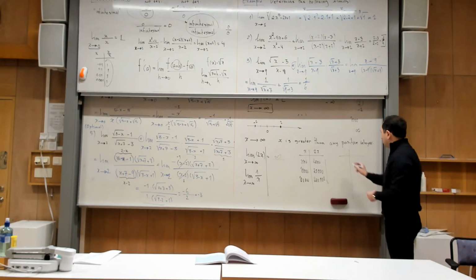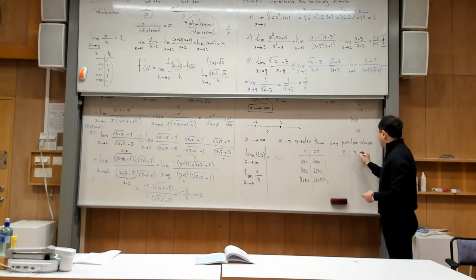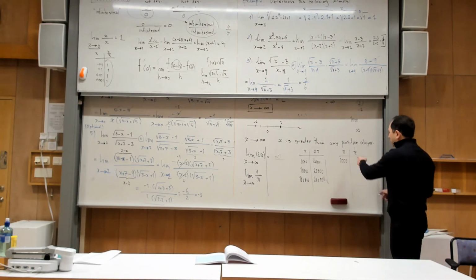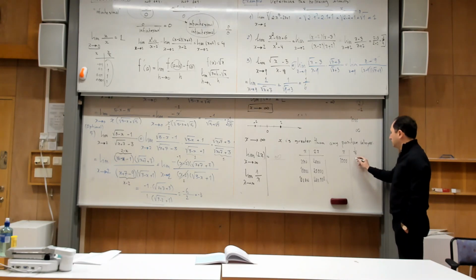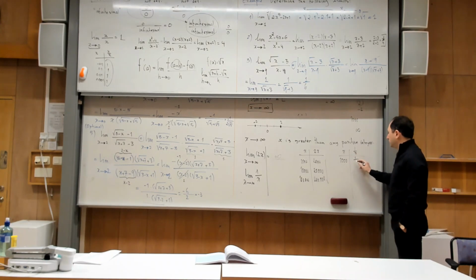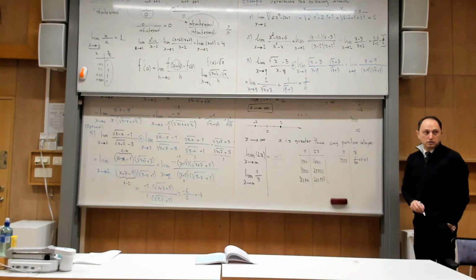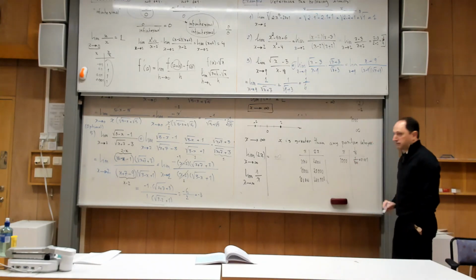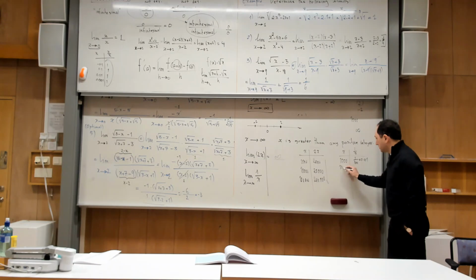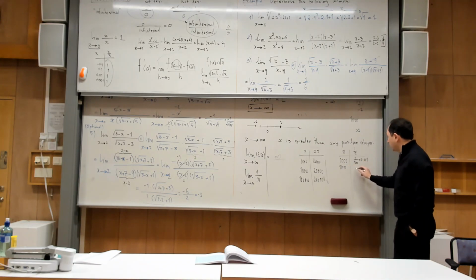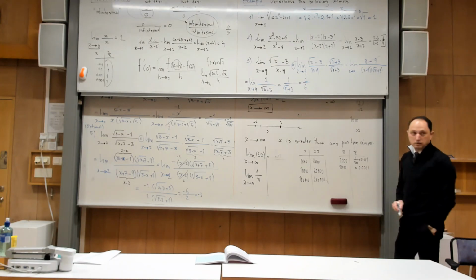Let us start with 1,000. I plot 1,000 here and I get 1 over 1,000, which is 0.001. But now, let me increase the value. Make it 10,000. Then it becomes 1 over 10,000, which is 0.0001.